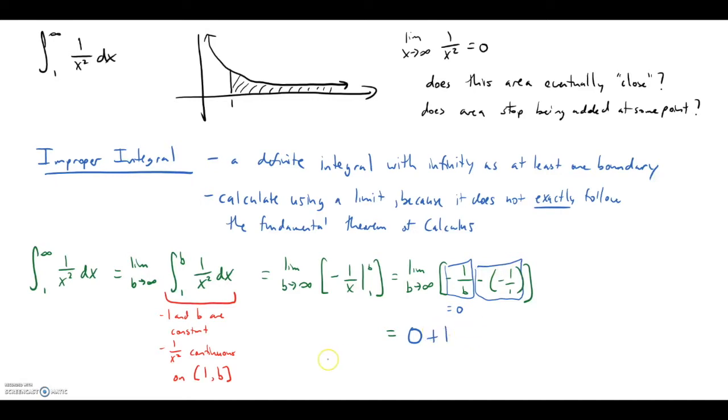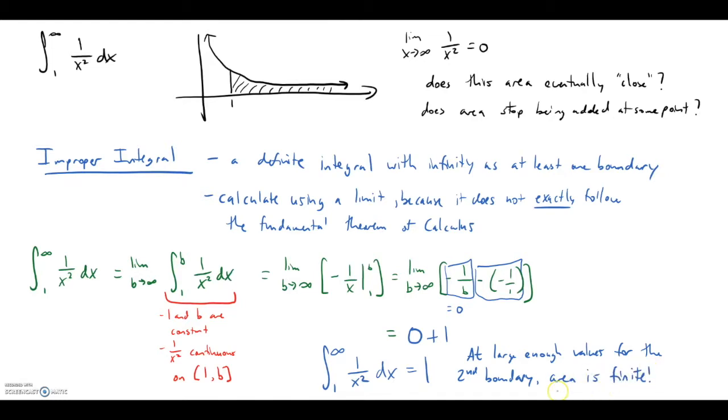And so this limit, and subsequently the integral from 1 to infinity of 1 over x squared with respect to x, will equal 1, which is a somewhat surprising result. At large enough values for x, or at large enough values for the second boundary on our definite integral, the area actually becomes finite. Or the other term that's going to start coming up is the area converges to one single value.